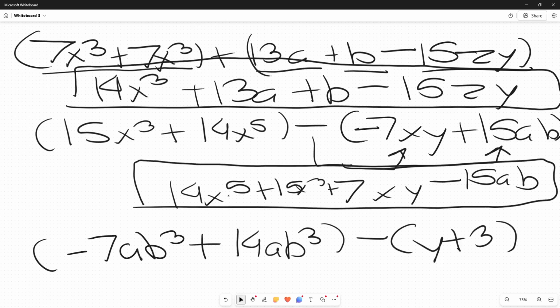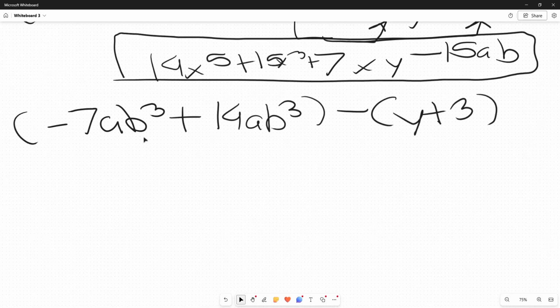And next, here given negative 7ab cubed plus 14ab cubed minus y plus 3. So since we're given here two similar terms with the same variable and same exponent, we just basically add the two or combine the two.